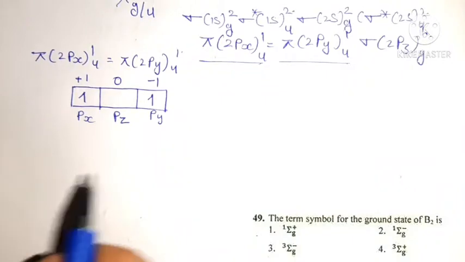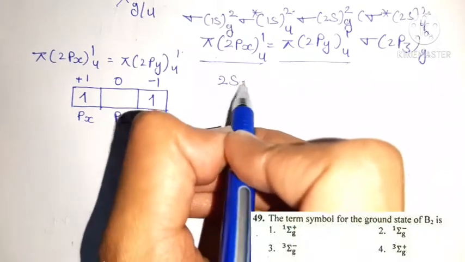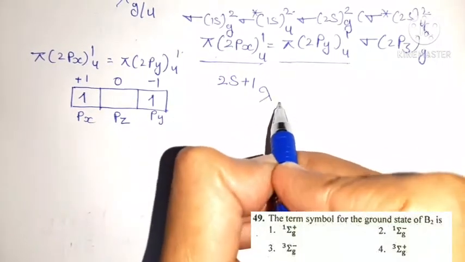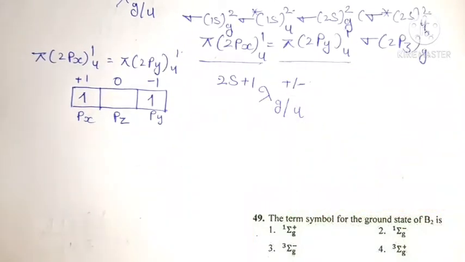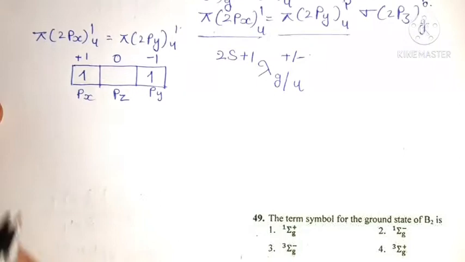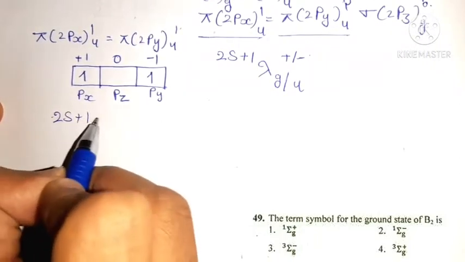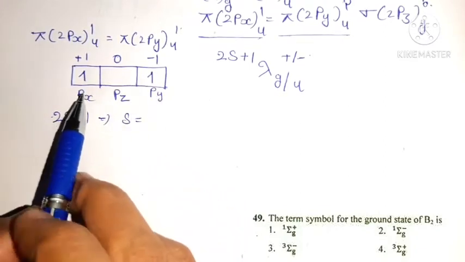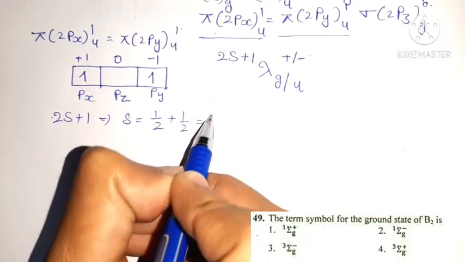Now the general representation of your molecular term symbol is Lambda, g or u, plus and minus. First of all we must take the value of 2S+1, and for S we have two unpaired electrons, so plus half and plus half, which is 1.